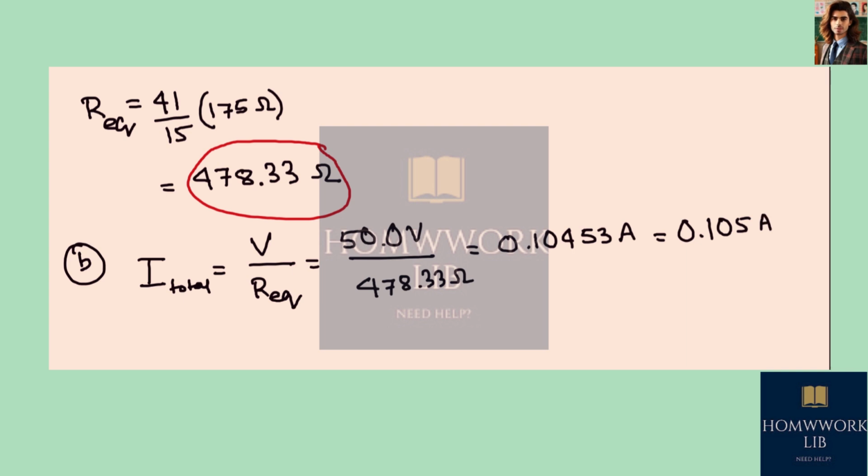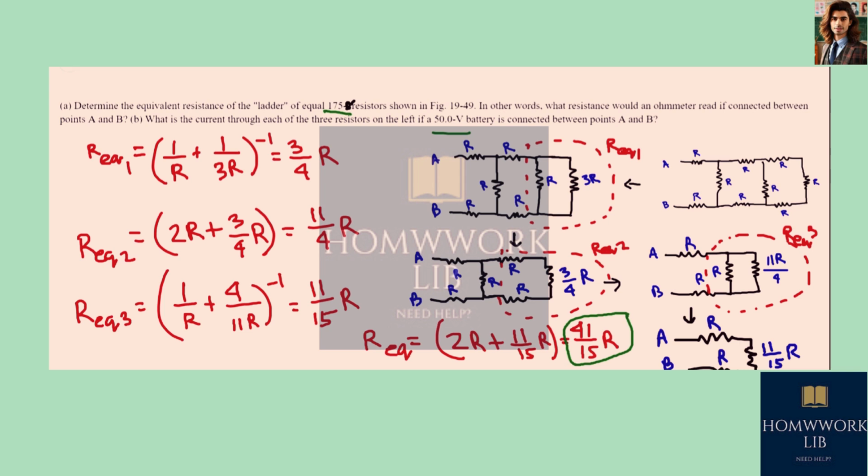Now that's the current, as we mentioned, passing through the top and bottom resistors, and then there will be less current on these parts because the current is splitting, and the voltage across the resistor in question and the equivalent resistance of 11 over 4R must be the same since they're in parallel.